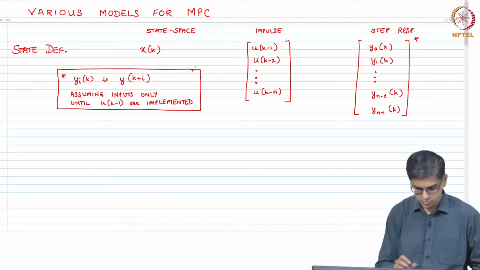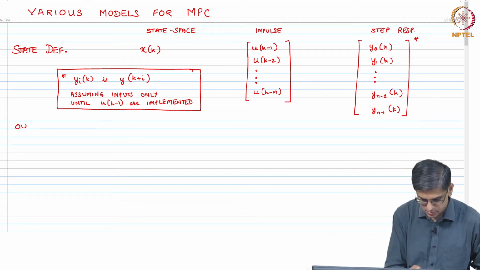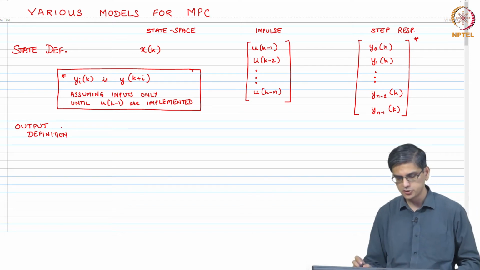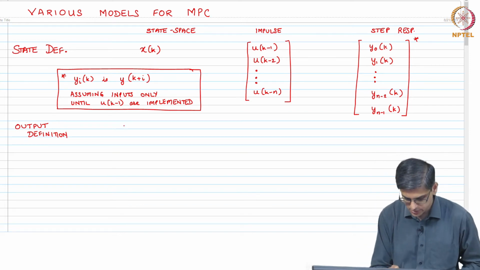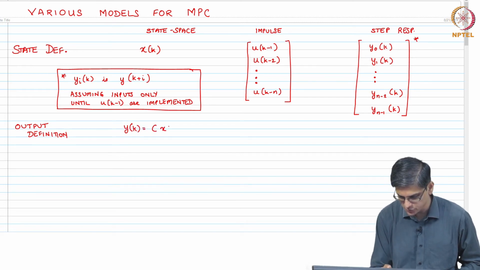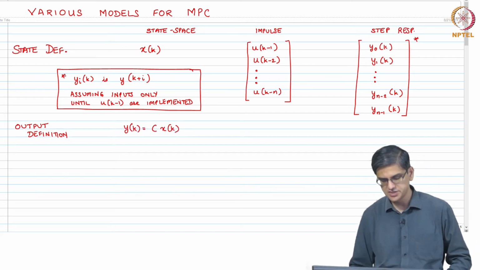So, how do you compute your output? The output in a state space model is just computed as C times xk.